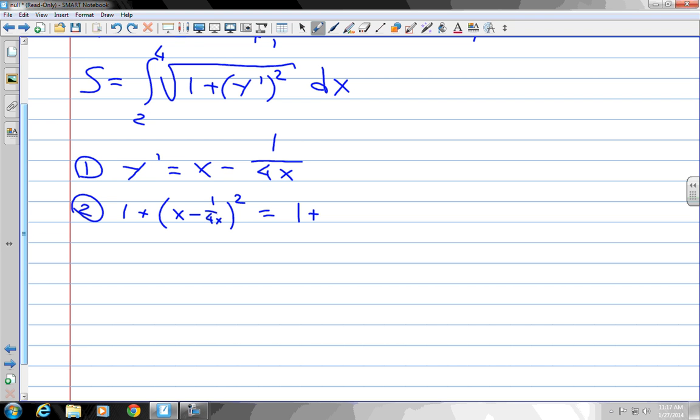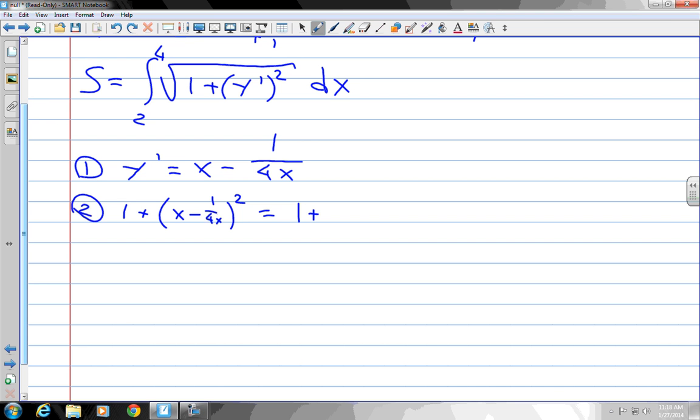The u sub? No, because of the x in the denominator, your du is going to get all funky and you don't have it on the outside. Sometimes you'll just have to use du, but I don't think it works here, right?